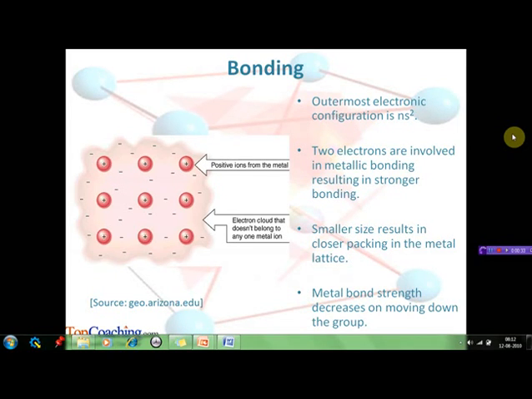Also, they are smaller in size than alkali metals, therefore this smaller size results in their closer packing in the metal lattice, increasing the bond strength. But this metal bond strength decreases as we move down the group from beryllium to radium because the size is increasing.